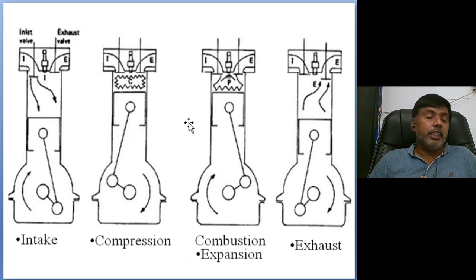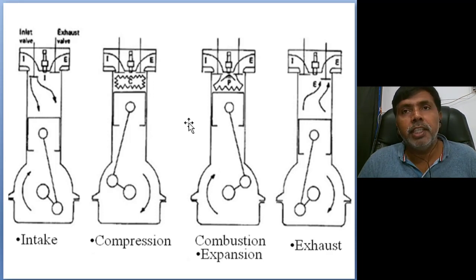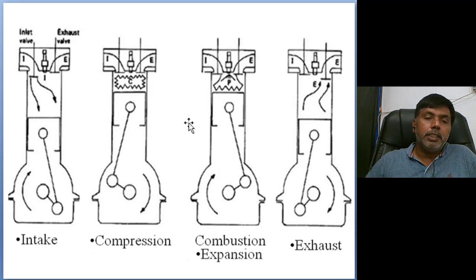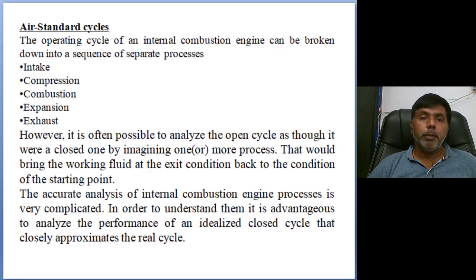Generally, specific heat depends on temperature, as per Joule's experiment, but in this cycle analysis specific heat is not dependent on temperature. We assume it is constant, the specific heat of air being 1.004 kilojoules per kg Kelvin. These are the assumptions we made for simplification of the analysis.